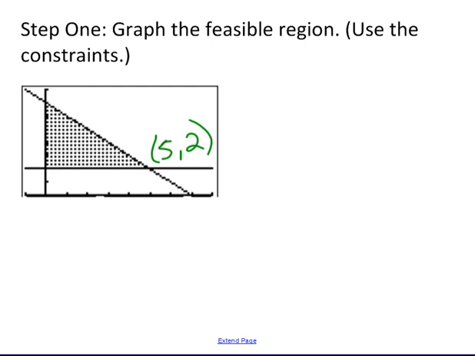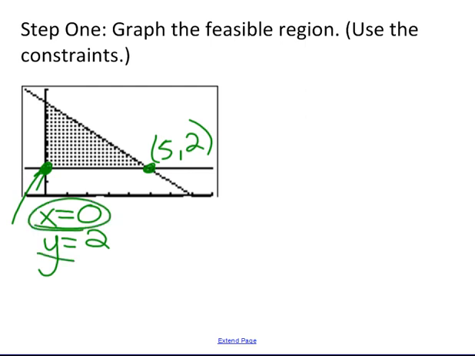You have to do that for every point, every vertex. Okay? So this one was where x equals 0 crossed with y equals 2. Well, this one's easy because x has to equal 0 and y has to equal 2. That's the point 0, 2. Last point is right here. We're trying to figure out where x equals 0 crosses with x plus y equals 7. Well, you're going to use substitution.